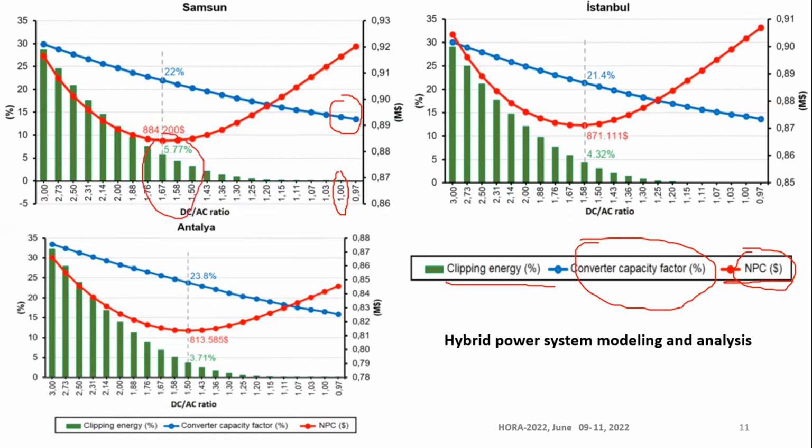If we use 5.7 for Samsun, 3.7 for Antalya, and 4.7 for Istanbul, we get the optimized net present cost.